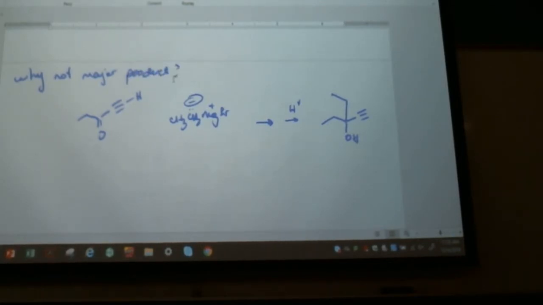So the idea to get this product would be for this nucleophile to come and attack here, hydrolyze, and I would just do that. But what's the problem?